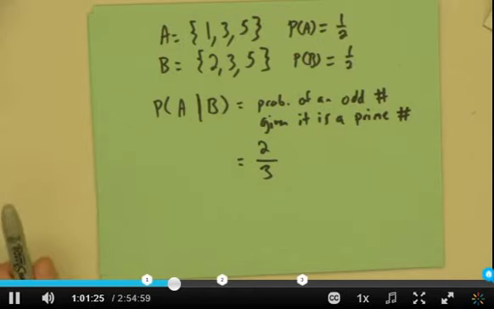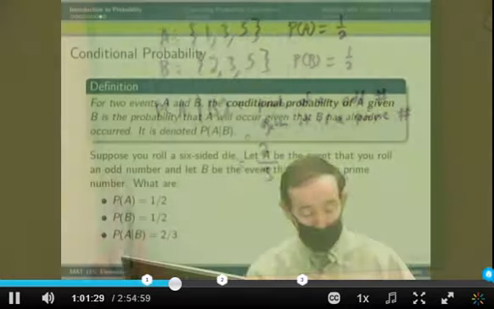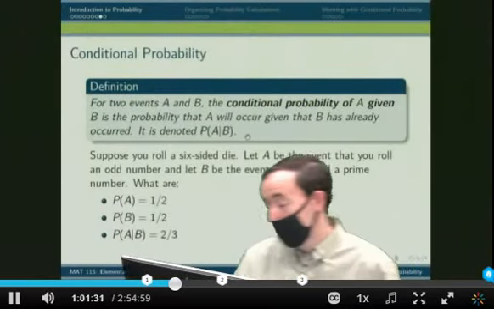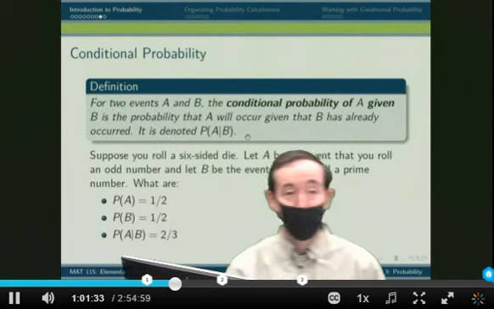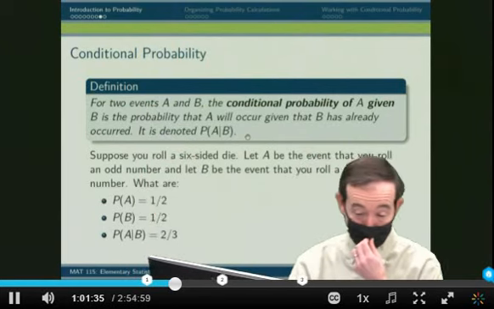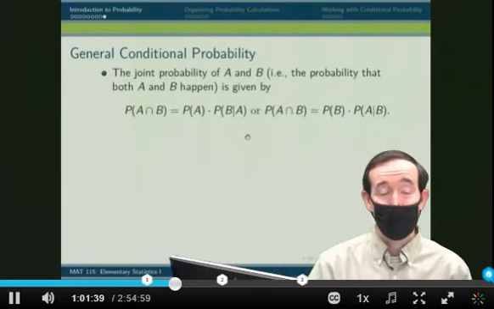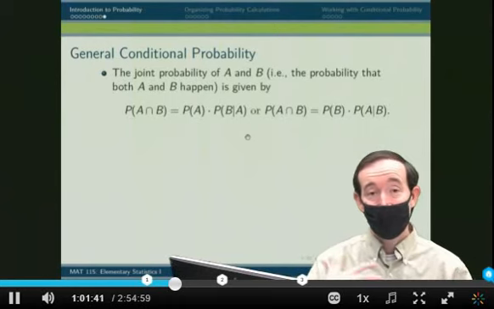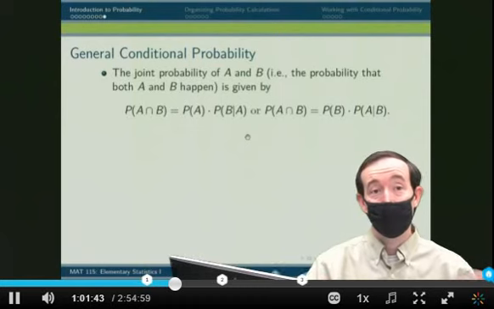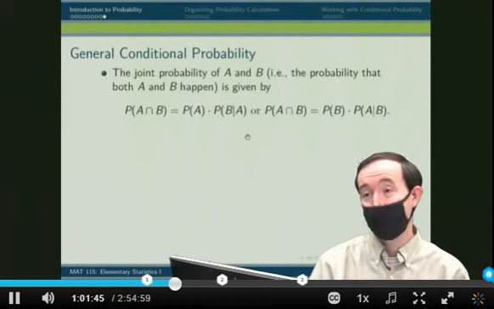Alright. So let's switch back to the slides again. So the probability of A given B is 2/3. In general, when we do conditional probability, we can actually use it to calculate what's called joint probability, the probability that both things happen.